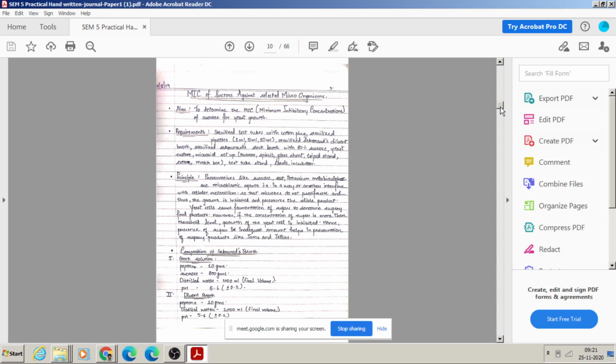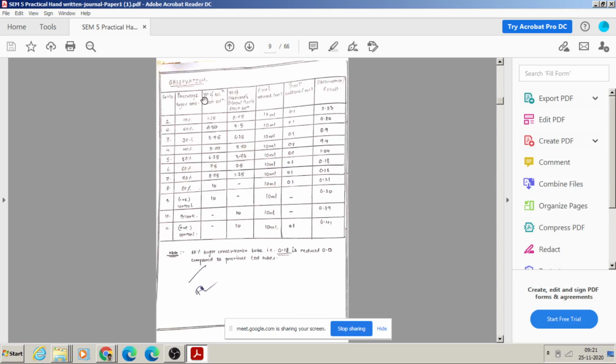Therefore, one of the interesting mechanisms we are going to study today is the minimum inhibitory concentration of sucrose. For the purpose, the experiment was set up with three basic test tubes. One test tube contains the stock solution. Stock solution means it contains almost 80% sucrose.